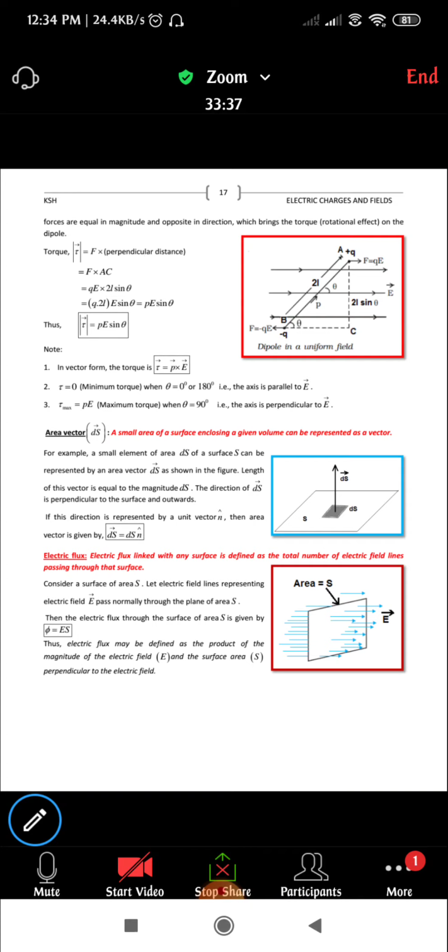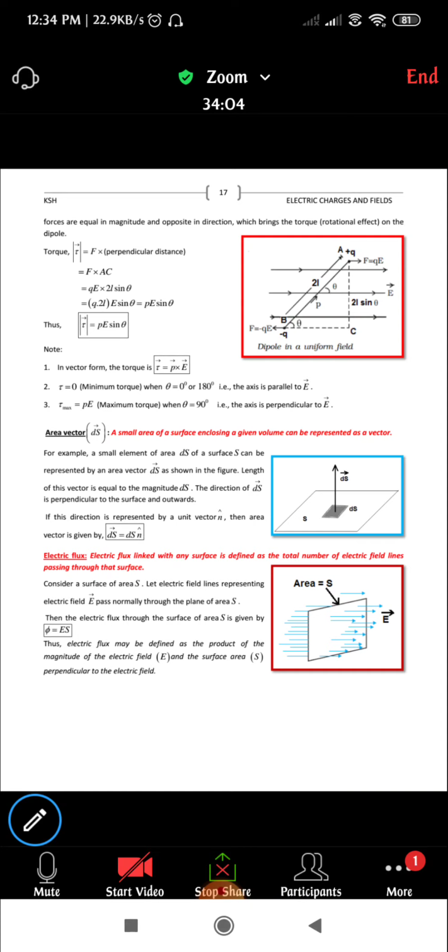You can see in the figure that you have a surface denoted by S. Let us say you have kept the surface perpendicular to the direction of electric field. What happens when you place the surface perpendicular to the direction of electric field? More number of electric field lines pass through that, right?